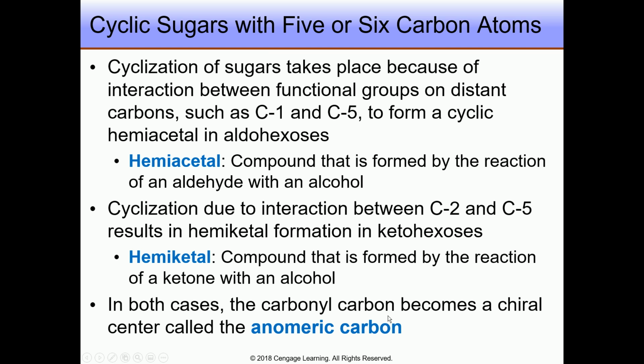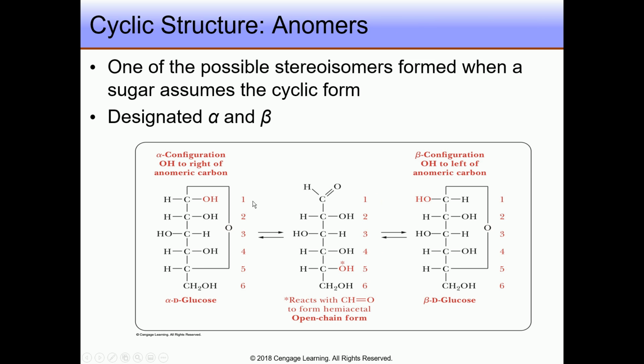And this is the Fischer projection. So in the Fischer projection, if the OH group is on the right side of the anomeric carbon, then this is the alpha form of glucose. If the OH group is to the left of the anomeric carbon, the anomeric carbon being basically the carbonyl carbon, then it is the beta form of glucose.